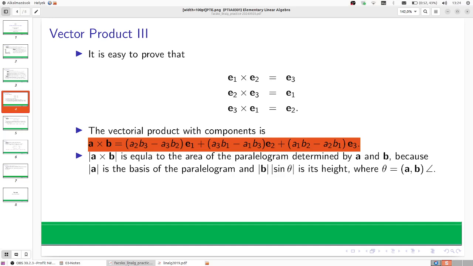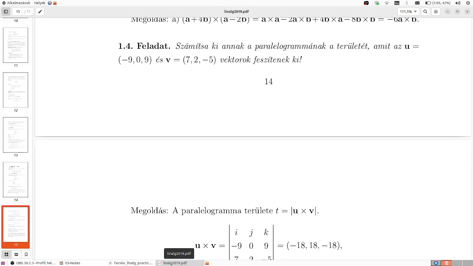So this will be A. So we have to calculate here u cross v.